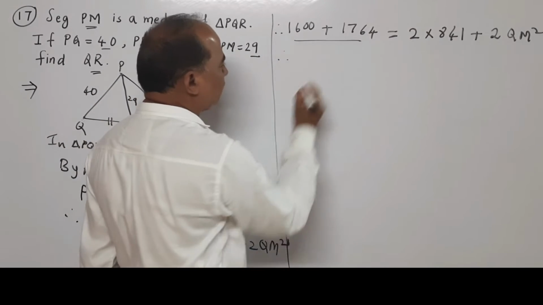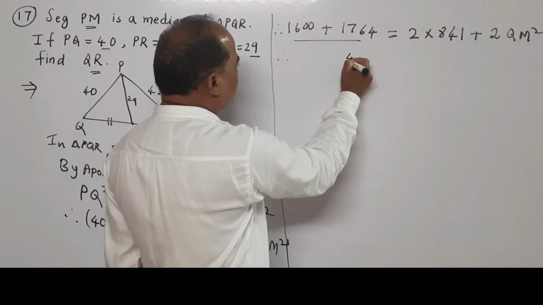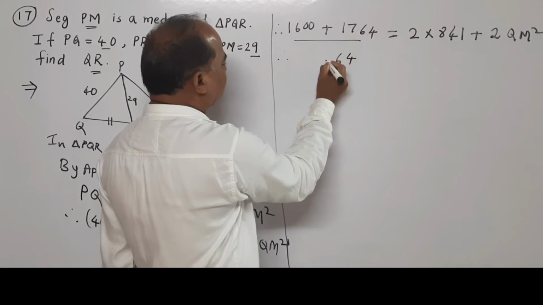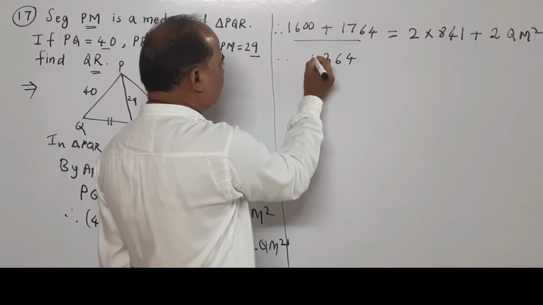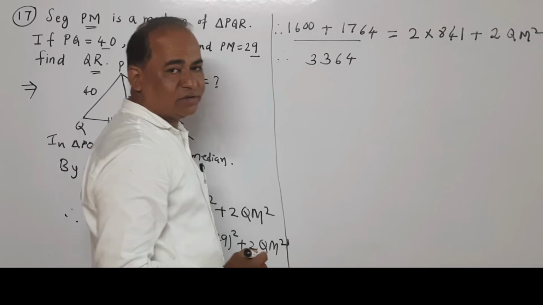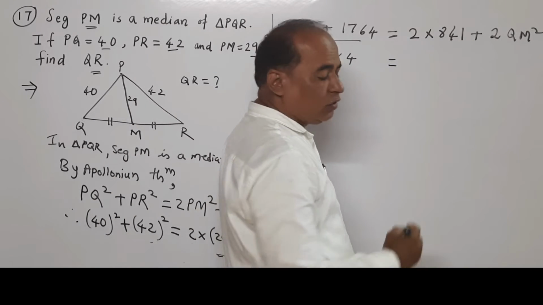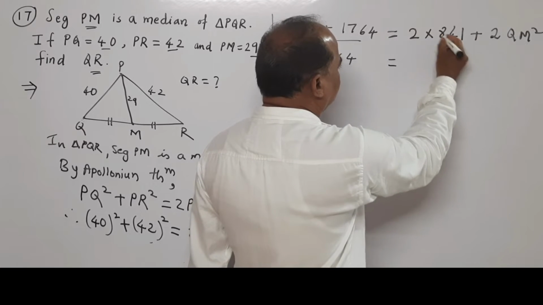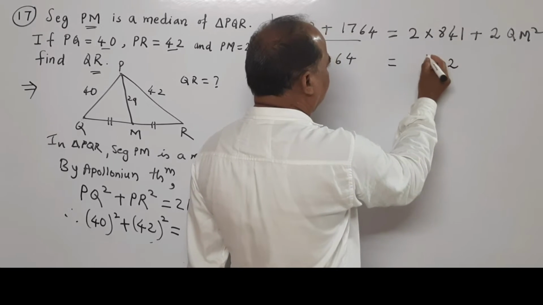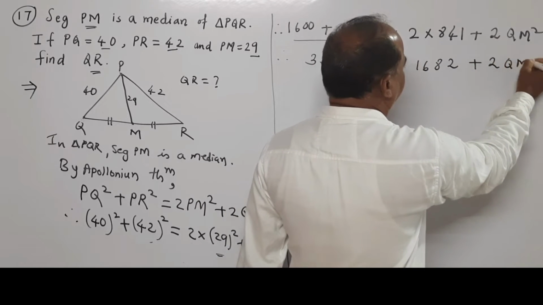Therefore, adding 1600 plus 1764, we get 3364, is equal to 2 into 841, that is 1682, plus 2 QM square.